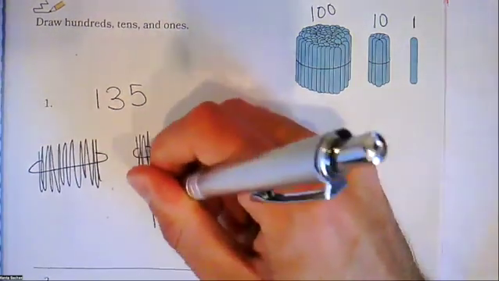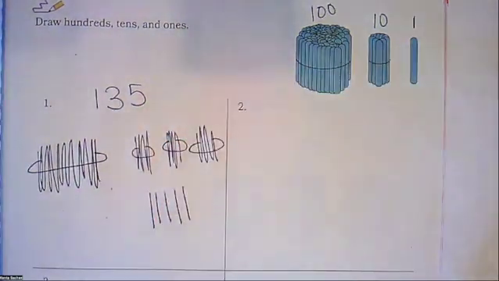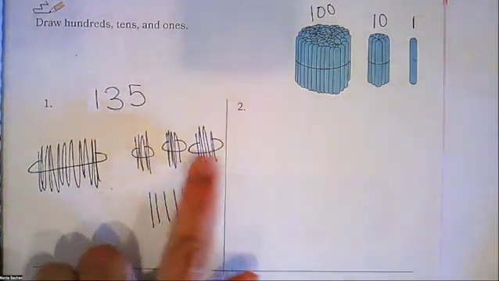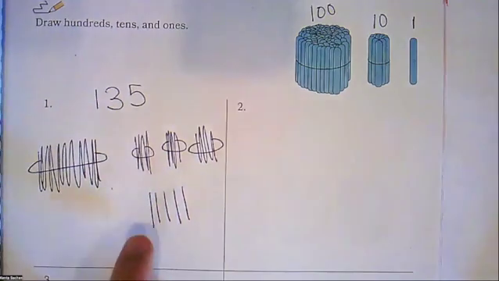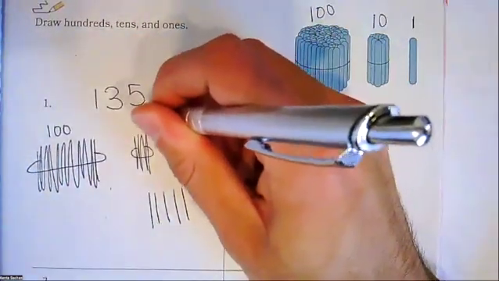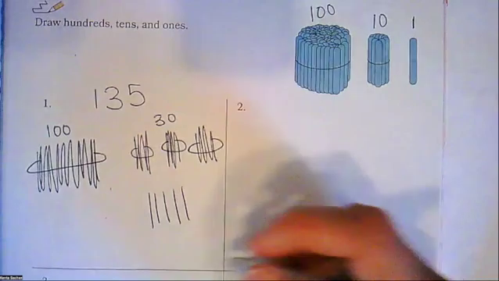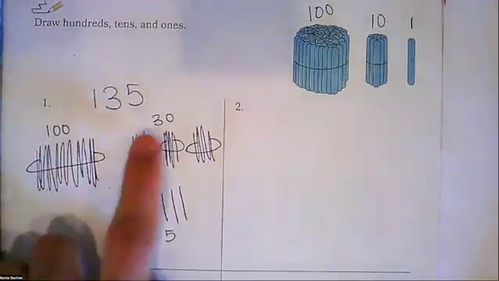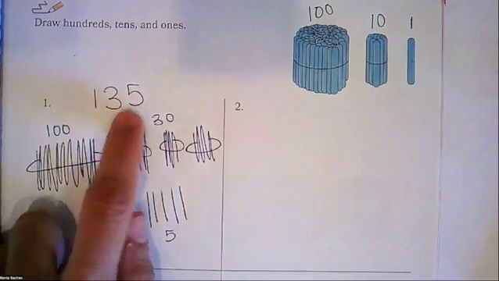So 1, 2, 3, 4, 5. So now I have 130, right? 10, 20, 30, and 1, 2, 3, 4, 5. I'm even going to write that down. 100, this is 30 and 5, right? Together, 130 and 5 make 135.